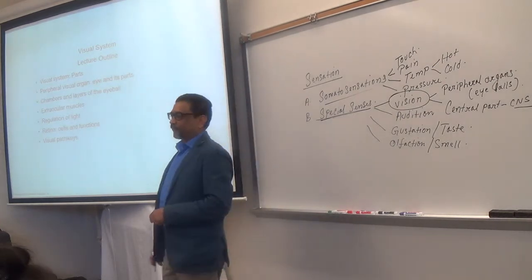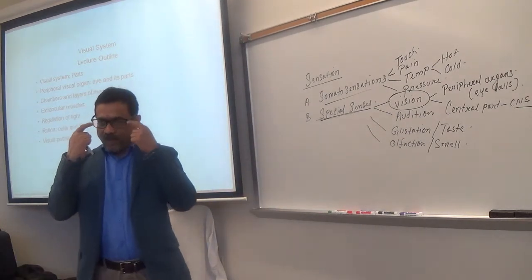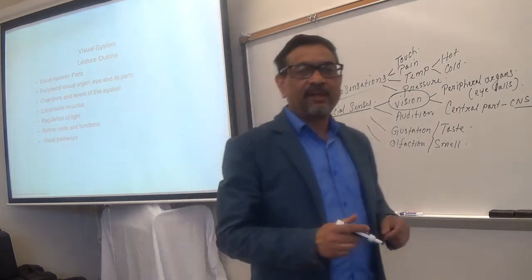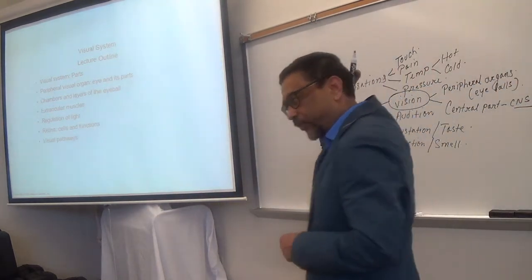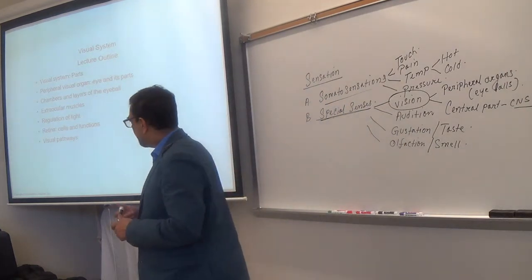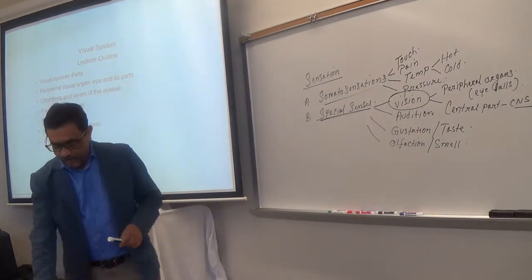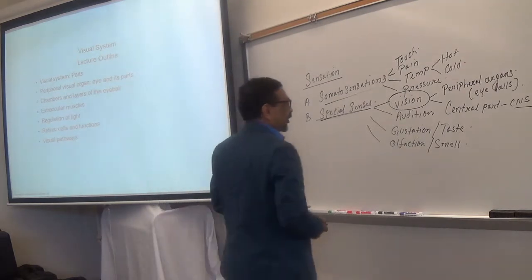So peripheral organs are the eyeballs or eyes, and central part where the signal is processed in the brain. So in the central nervous system.